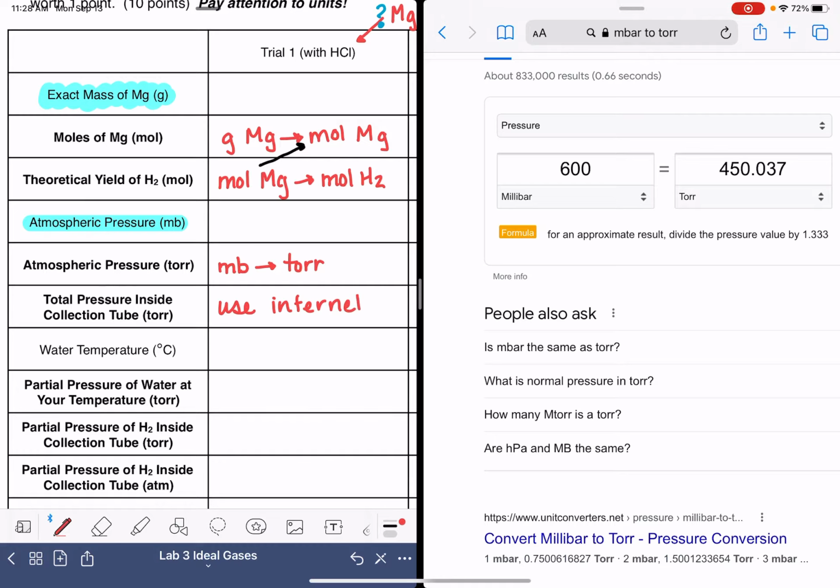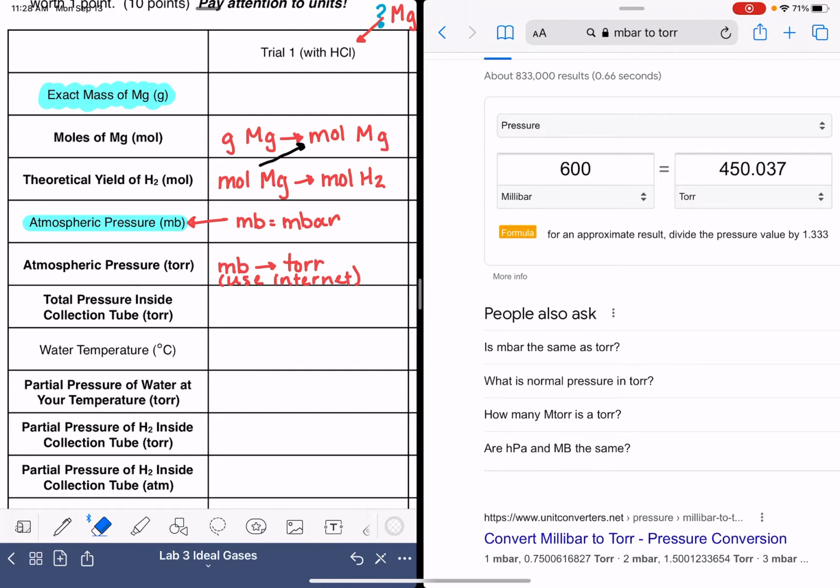Or maybe your calculator has this conversion factor as well. Oh, I put that in the wrong spot. My mistake. We'll squeeze it in right here. Use the internet. And let's also make a little note that the MB represents millibar.